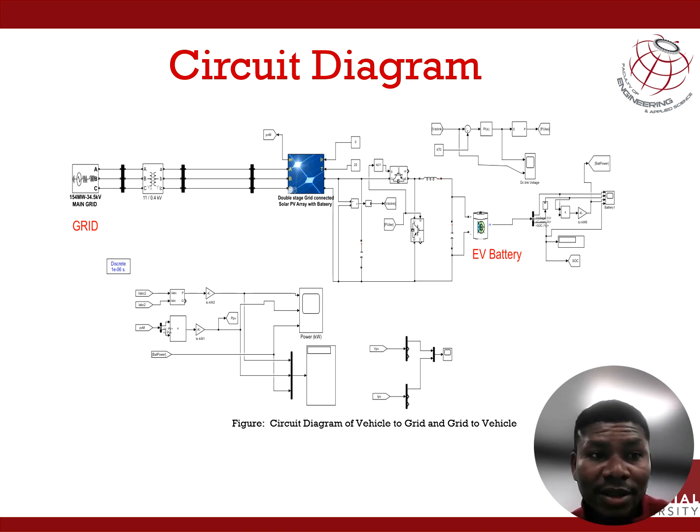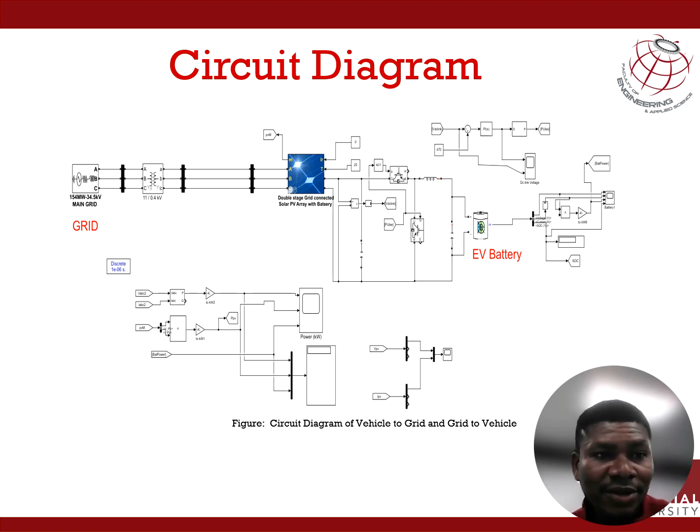It's connected to the V2G charger. This V2G charger component enables bidirectional power to flow between the electric vehicle and electric grid. It allows the EV to charge from the grid and also discharge power back to the grid.